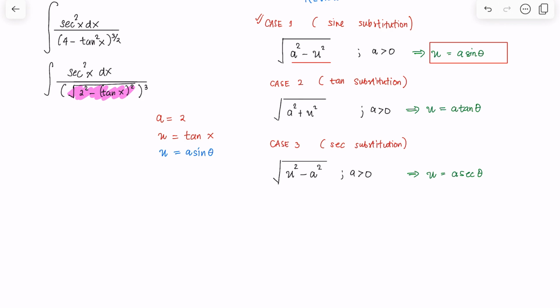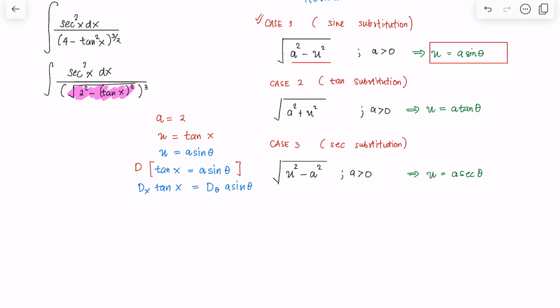Now this implies that your u, which is tan of x, is equal to a sine theta. Now I'm going to take the derivative of both sides: the derivative of tan of x with respect to x, and the derivative of a sine theta with respect to theta.